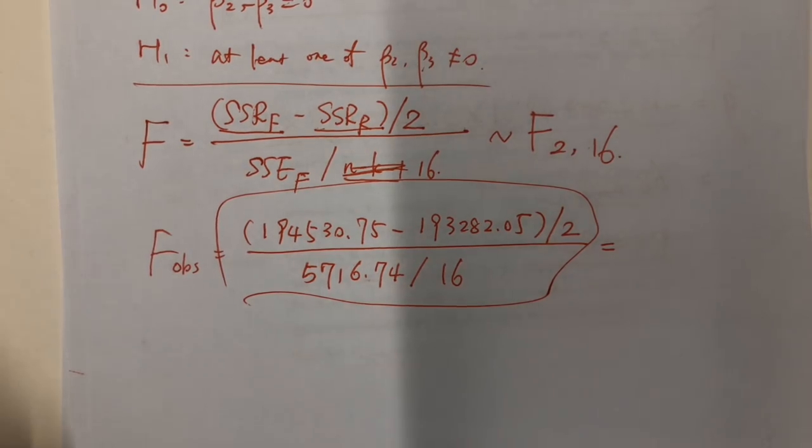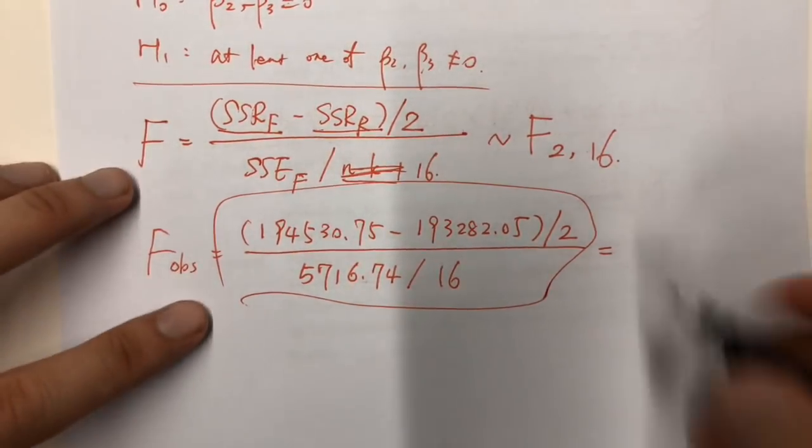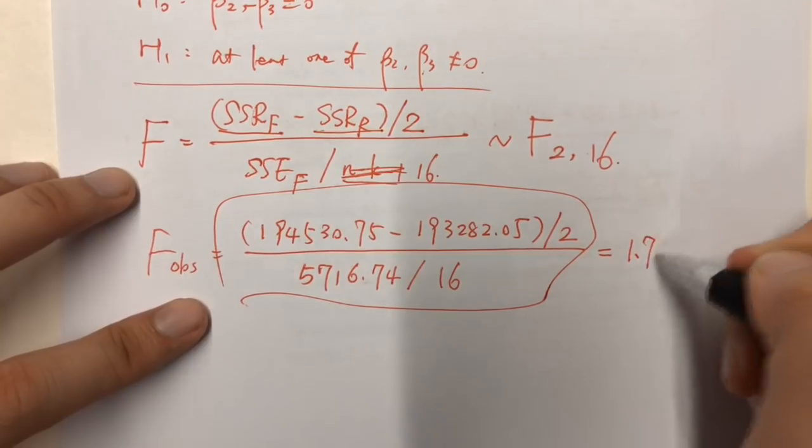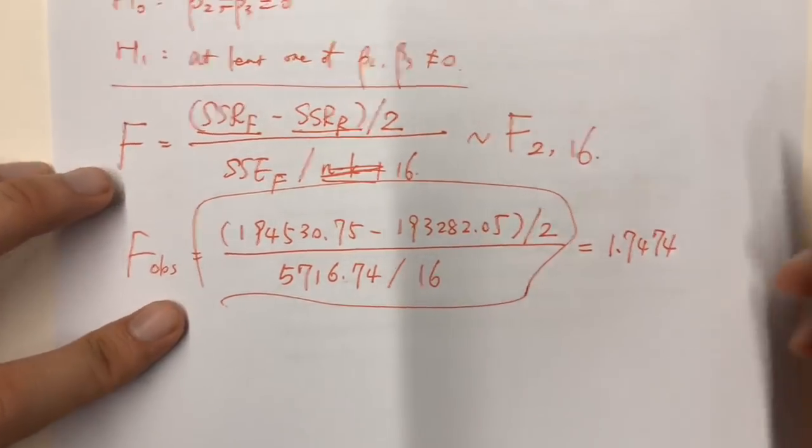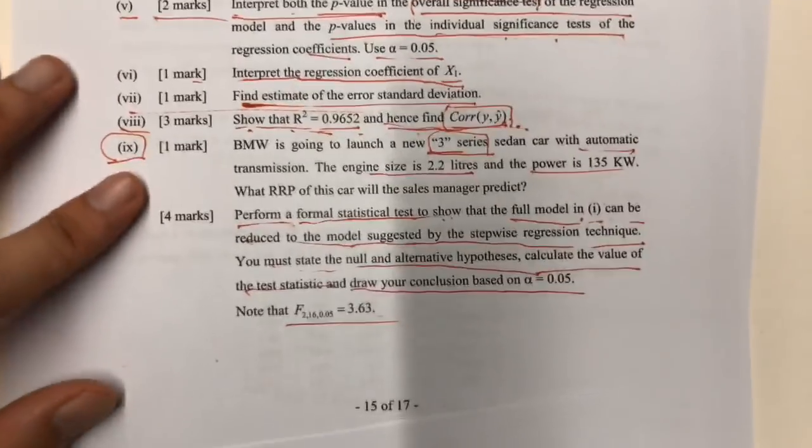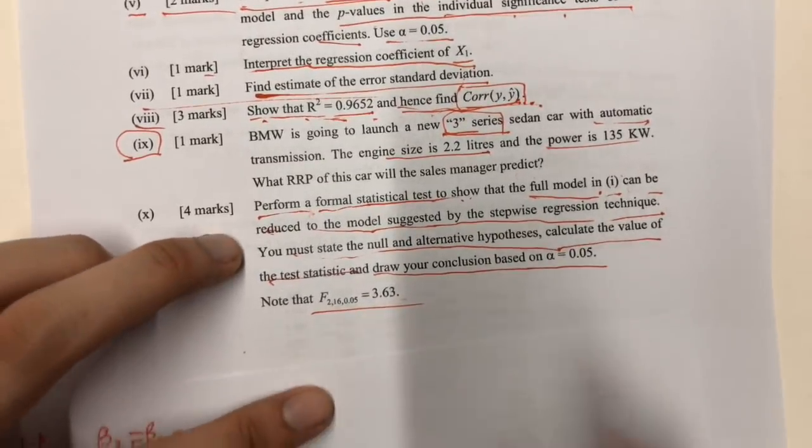Wow, you're so fast. Rennie Chen has calculated this value as 1.7474. And we know this value is no larger than 3.63.